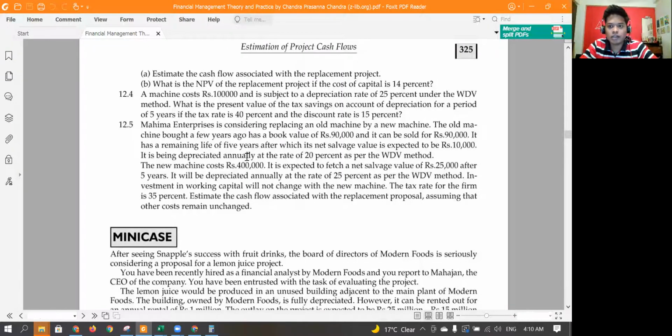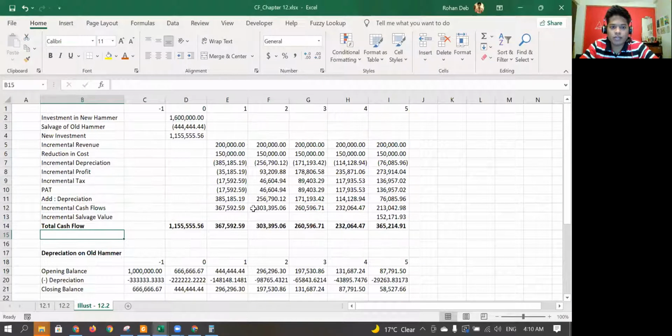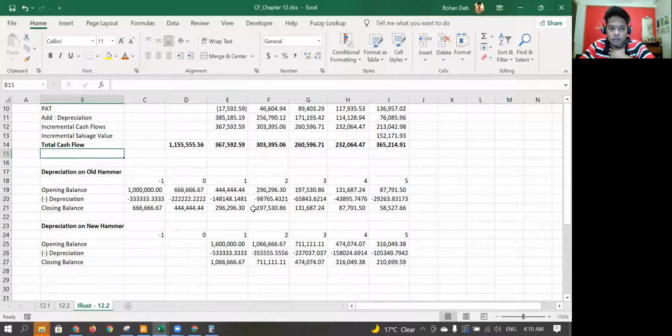In the question that I did, they had given the incremental revenue. Okay. So I'll move to the next sum. I think this is an important sum. Just try and understand this concept of incremental depreciation, incremental salvage value, and these things. Okay. I hope you're understanding the concepts, and yeah, let's move on to the last sum, and best of luck.